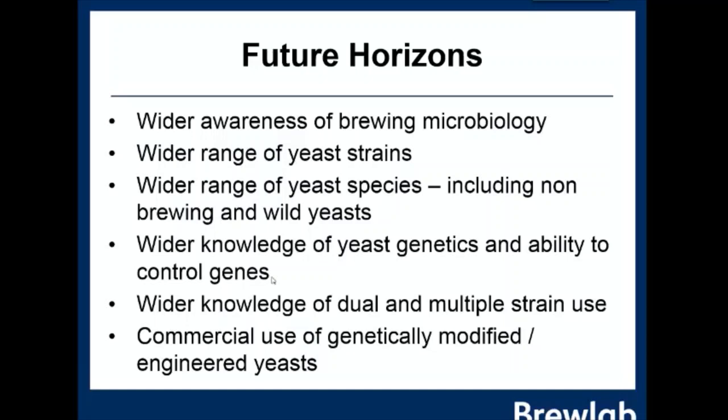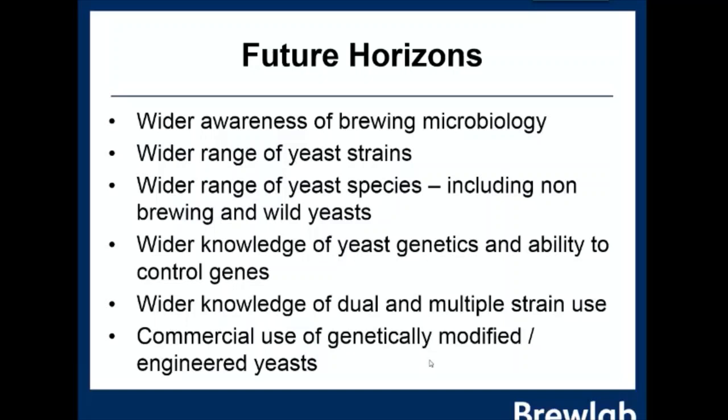It might be media, it might be temperature control, it might be a whole variety of new materials that we can incorporate. If we can use dual and multiple strains, then we can broaden the potential characteristics of our products. And lastly, if we can use modified, possibly engineered, but maybe hybridized strains and so on, we can have a wider range of activities again.